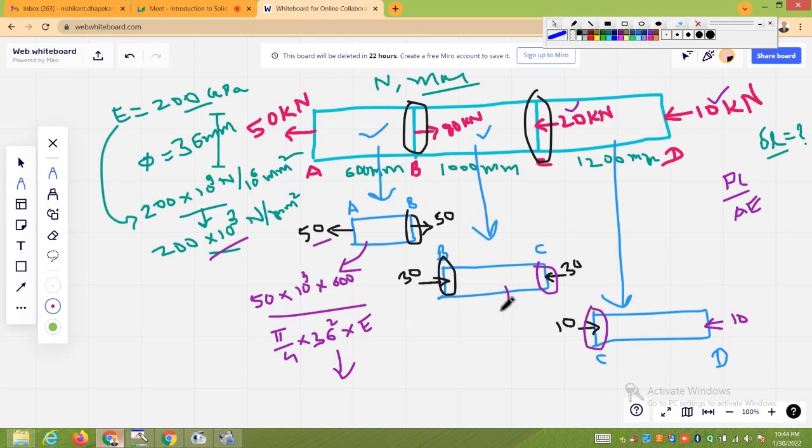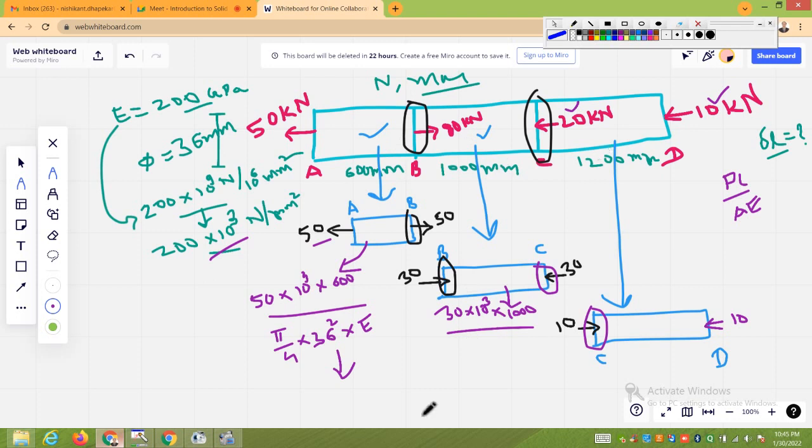Then you have to use the same equation here. PL upon AE. P is 30 into 10 to the power 3, because kilonewtons are converted into newtons, multiplied by length. Length is 1000, divided by area. Area for all the sections will remain same.